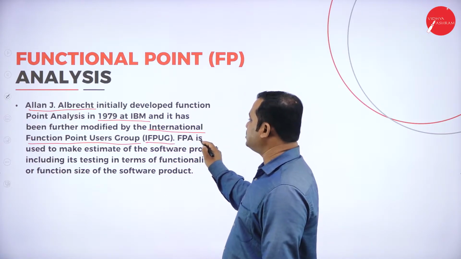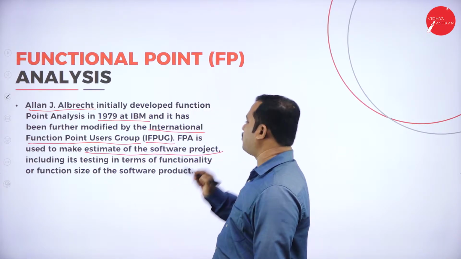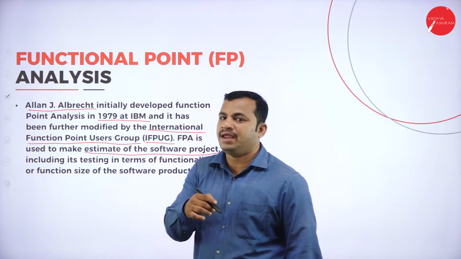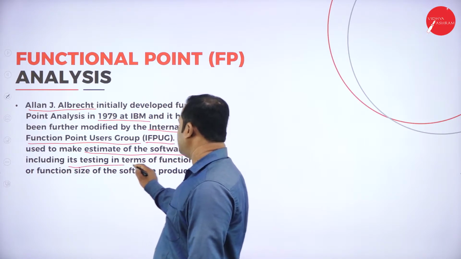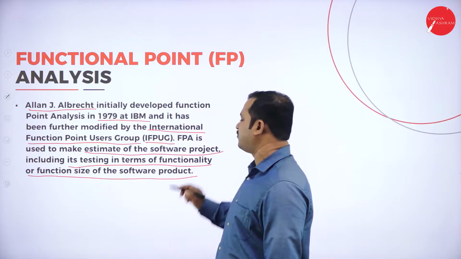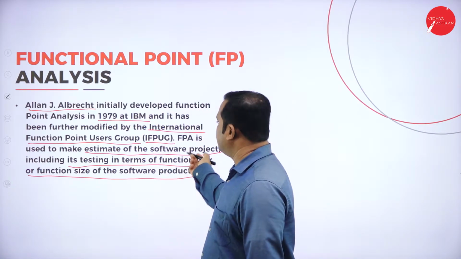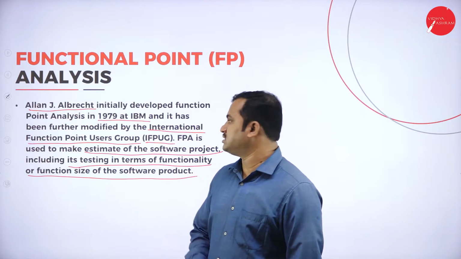Function point analysis is used to make an estimate of the software project, that is to ascertain or to estimate the software project including the testing in terms of functionality or function size of the software product. That is called FPA, that is function point analysis.